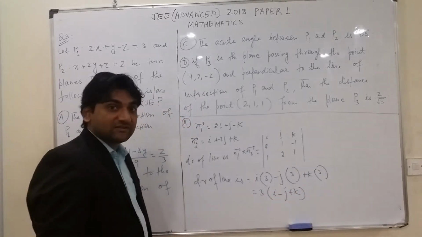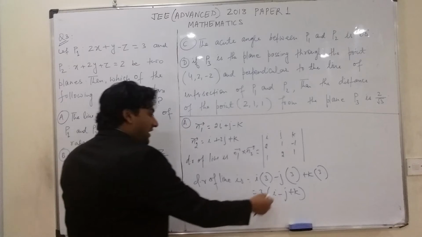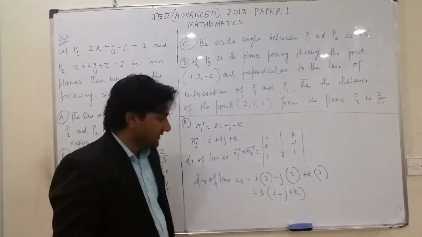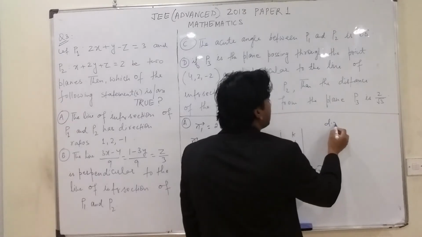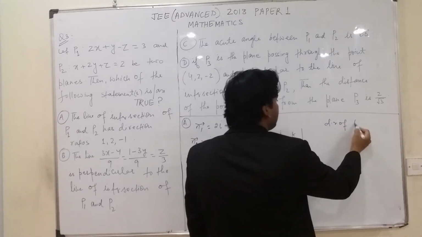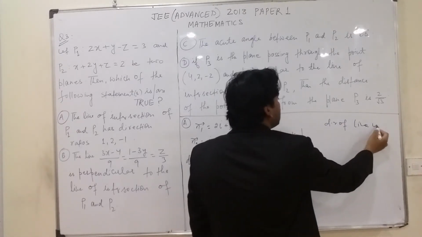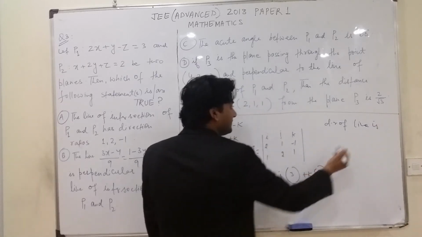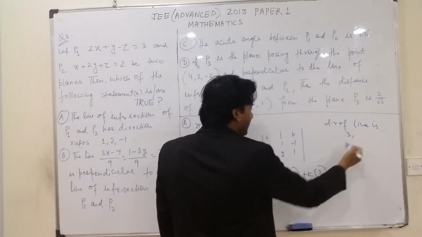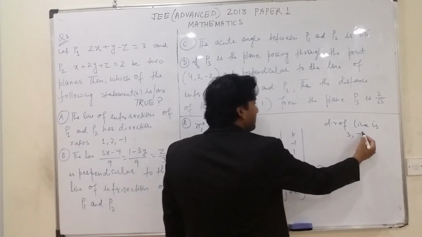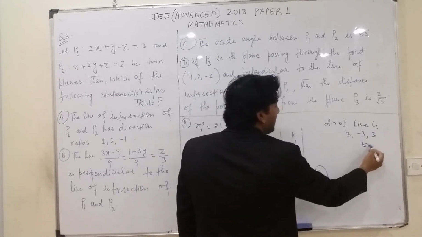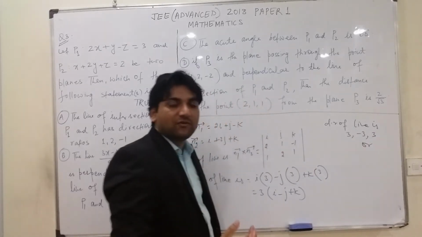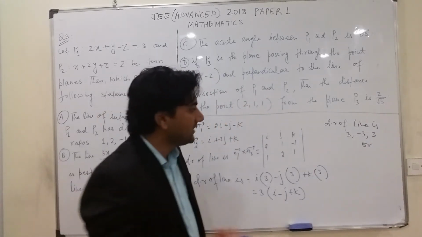So what is the direction ratio? The i, j, k coefficients. The direction ratio of the line is 3, then minus 3, then again 3. If you are able to take something common, then you can.